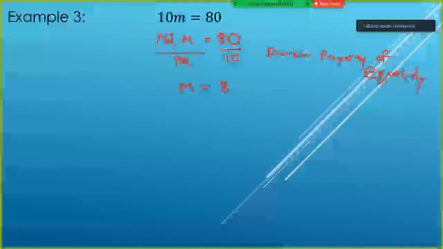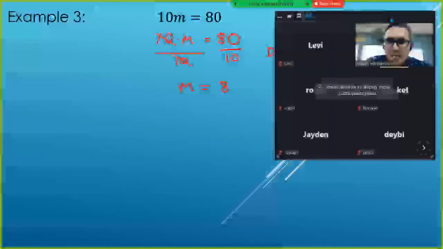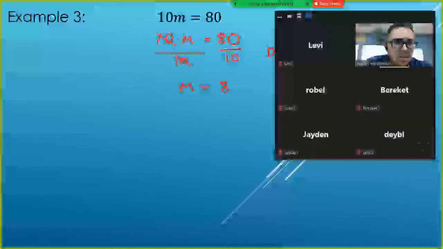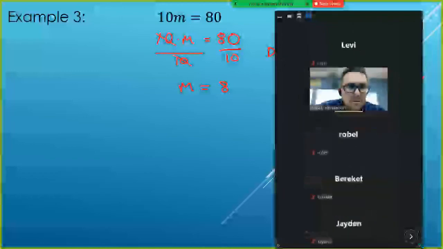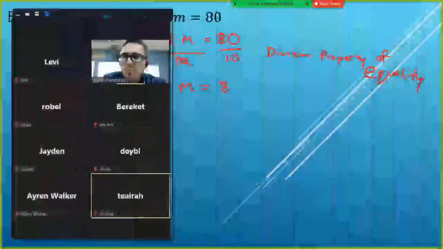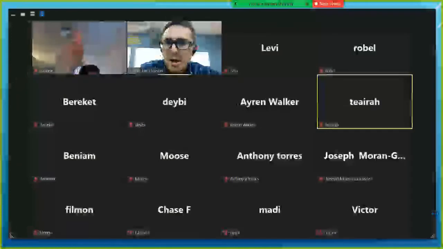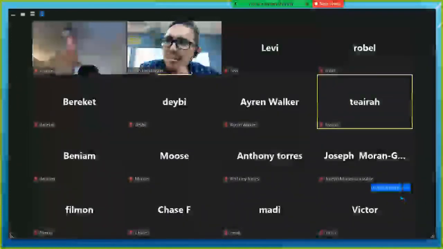Okay, I'm going to really quick pull up my screen to see everyone. I would like to see thumbs on to know where you all stand with this so far, these first 3 examples. So if you can, I would really appreciate you giving me some feedback here, just so I know how you're feeling. Jaden, I see that. Thank you for your feedback.